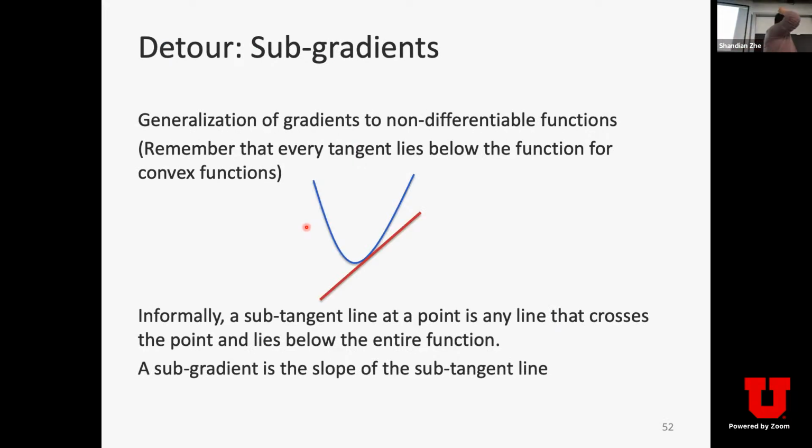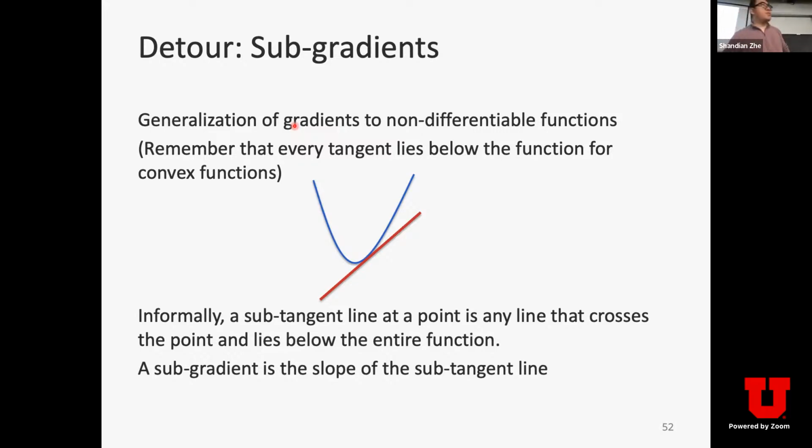So what is subgradient? It comes from the observation of a convex function. Previously when we discussed convex functions, we know that at any point, if you draw a tangent line of the convex function, this tangent line will be below the entire convex function body.